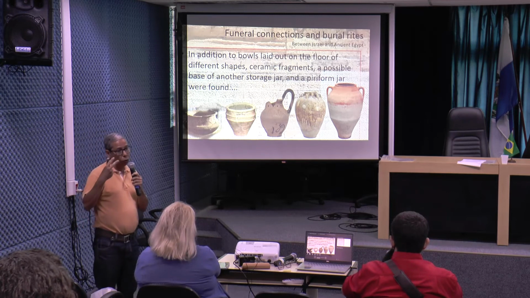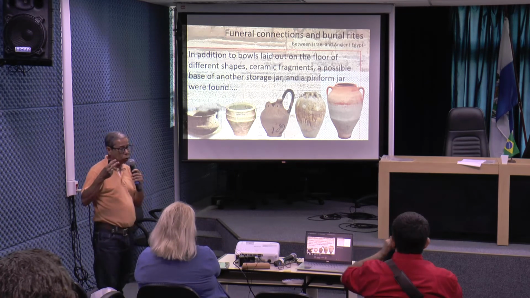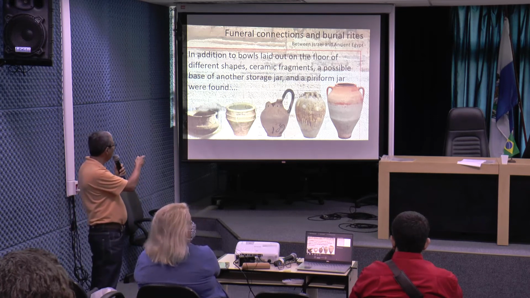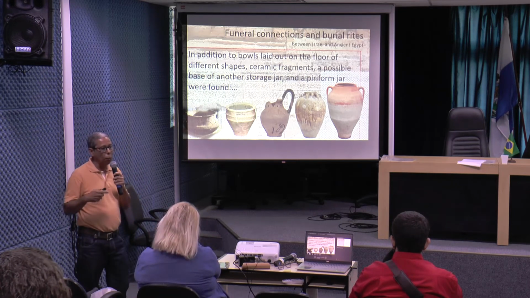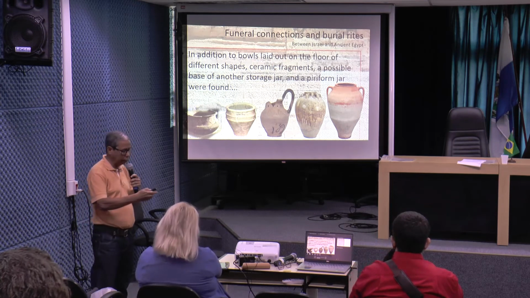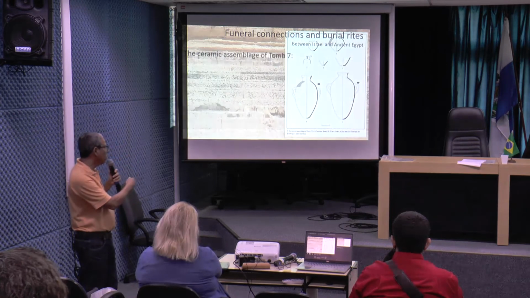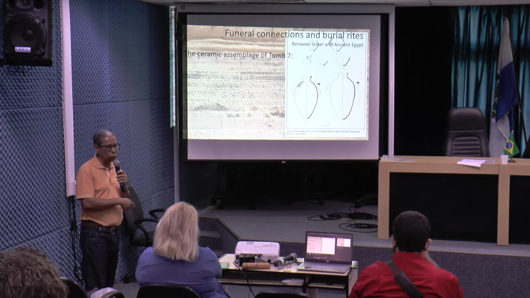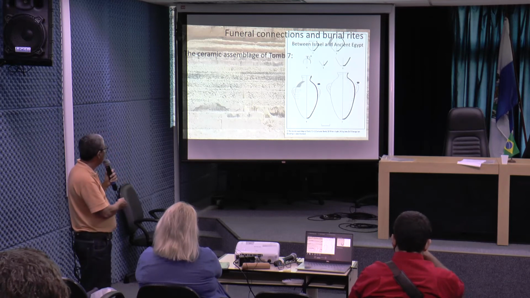So they found 2, with a possibility of a 3rd storage jar inside. And a piriform jug was there too. A piriform jug is used to serve wine, for example. And this is the drawing of the ceramic assemblage found in tomb number 7.